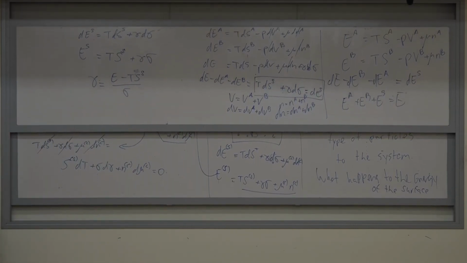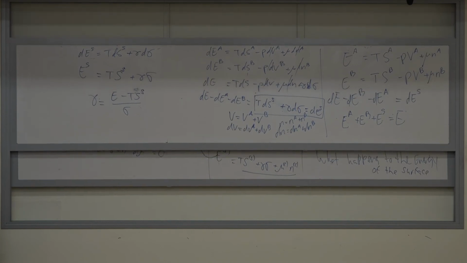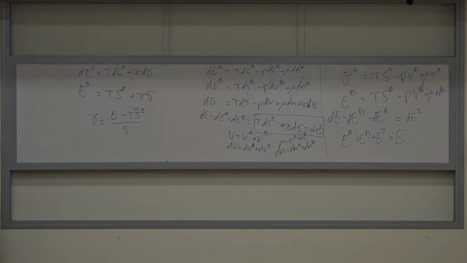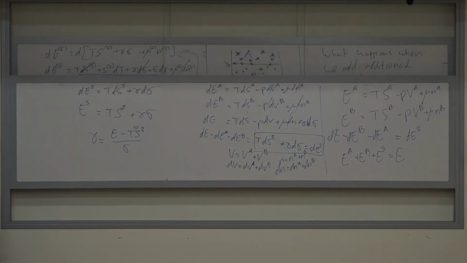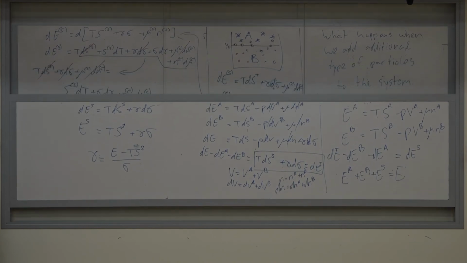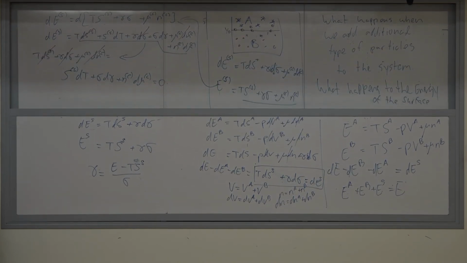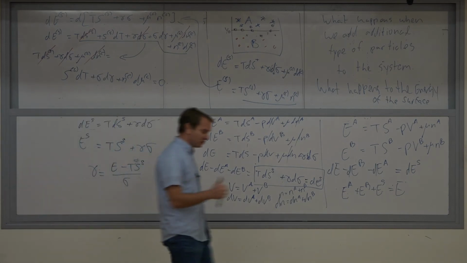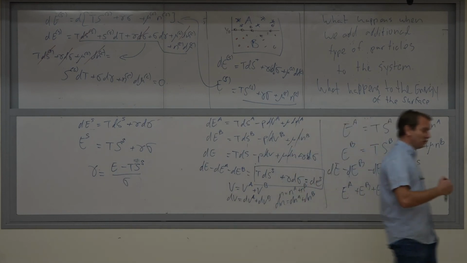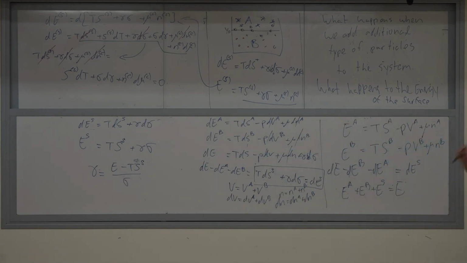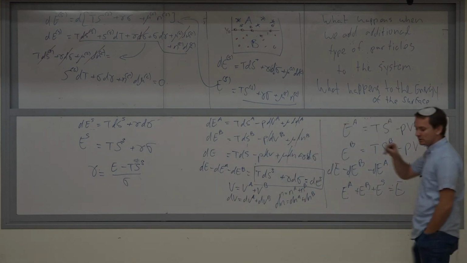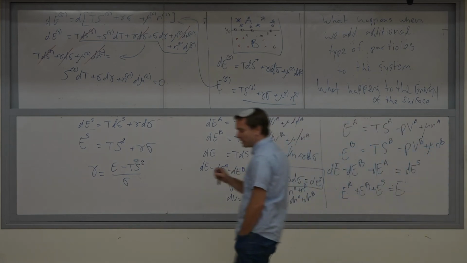Why am I doing this? I only want to introduce some additional particles and see what happens to the energy. What I'm interested in is to see how the tension of the energy is going to change if I add additional particles to the system. This is what I'm trying to do.